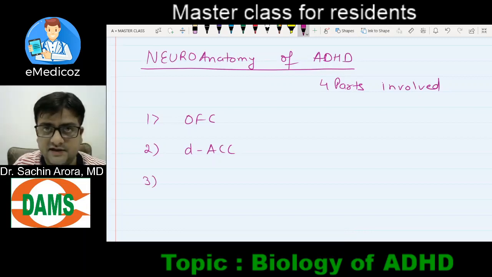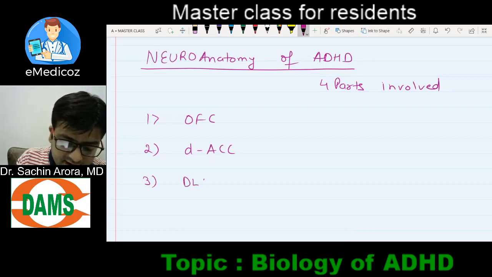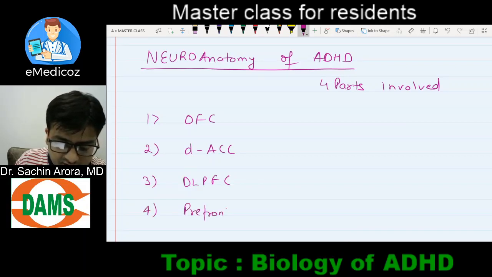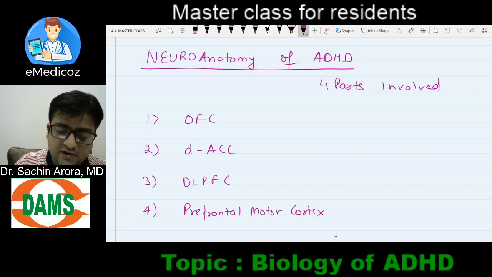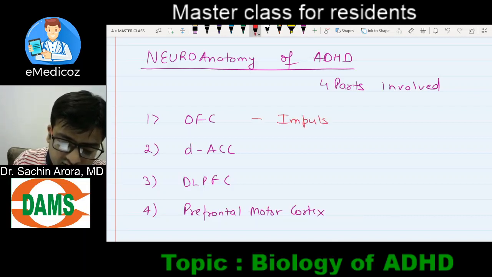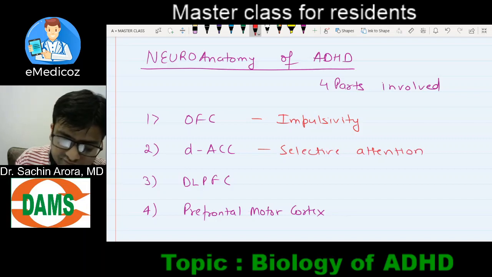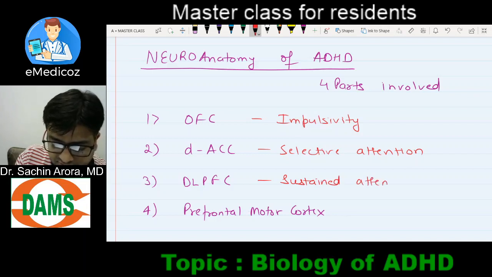You are supposed to write in the exam as full forms: DLPFC and prefrontal motor cortex. When you write, you also can mention in front of each: impulsivity, selective attention, sustained attention, and problem solving, and hyperactivity.